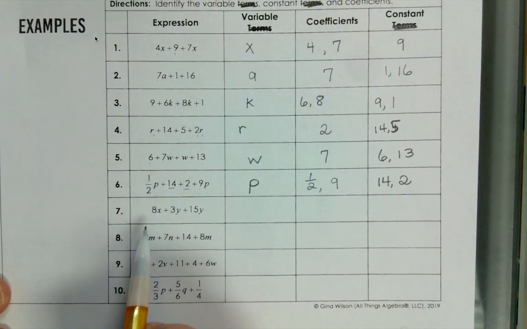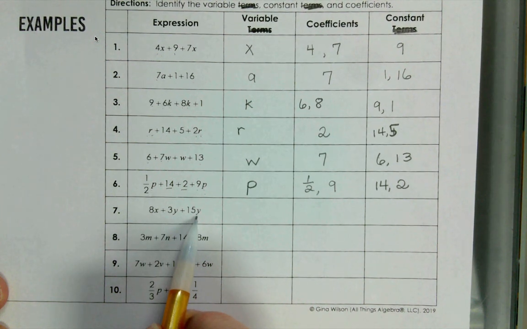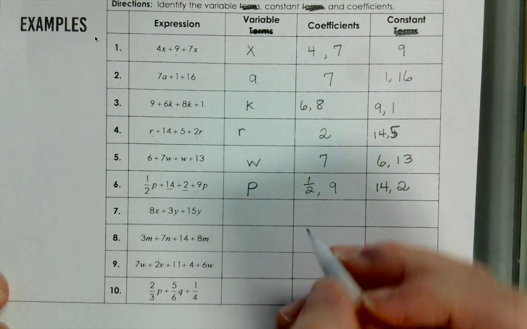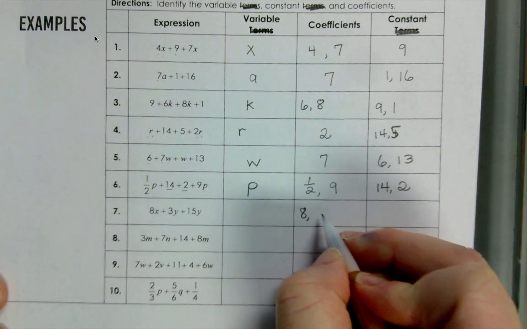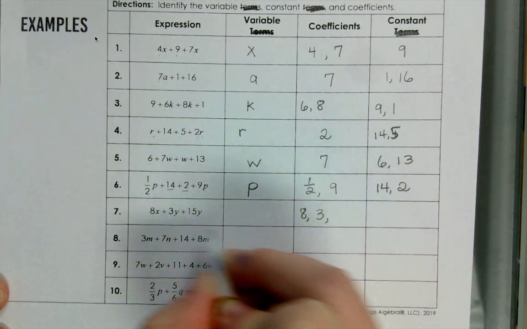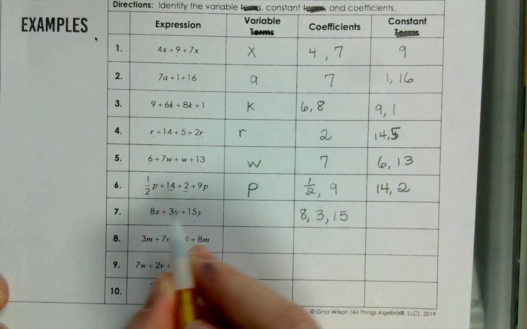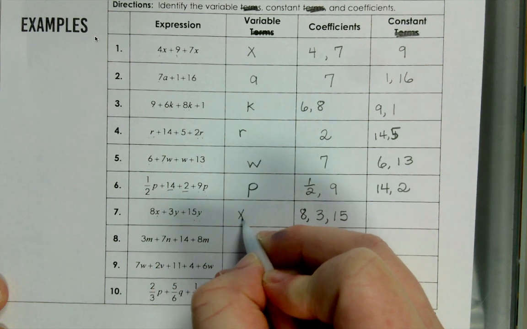Okay, then I have 8x plus 3y plus 15y. Well, I have an 8 in front of my x for a coefficient. I have a 3 in front of my y for another coefficient. And I have a 15 in front of my y for another coefficient. I have 2 variables this time, x and y.